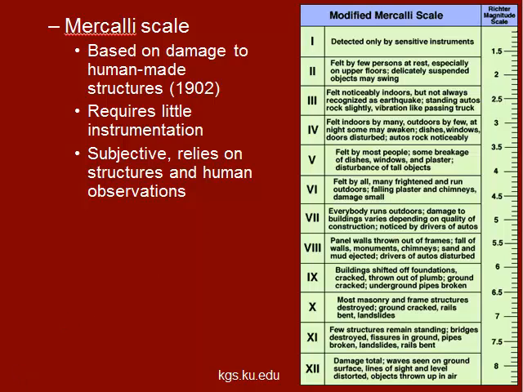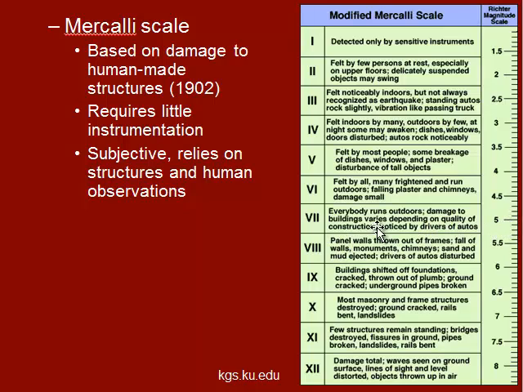But basically you have a scale from 1 all the way up to 12, and you can see here how the Richter scale that we're going to talk about next compares to these observations. We can go from 3, which is felt noticeably indoors, not always recognized as an earthquake. Standing cars maybe rock slightly, like vibrations from a passing truck. If we go to, say, a 7 here, people run outdoors, and damage to buildings may vary.